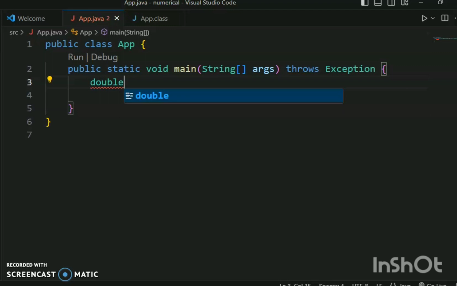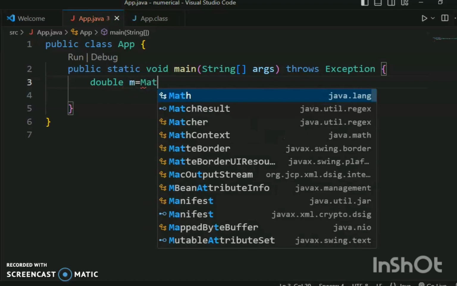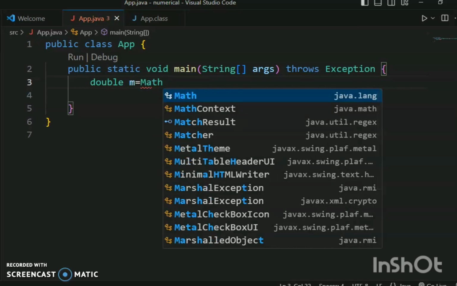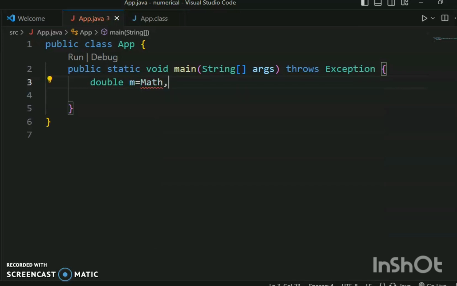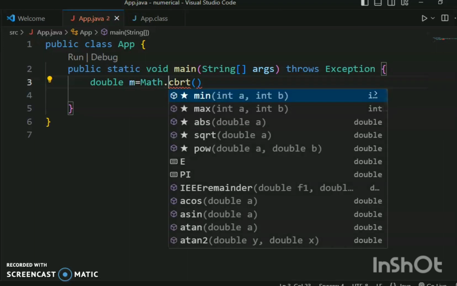So I write double m equals capital Math dot cbrt.